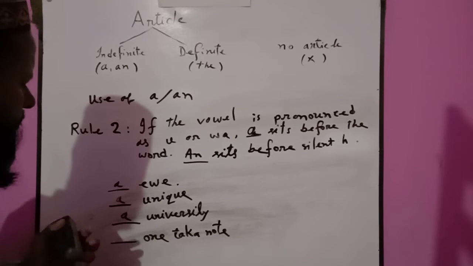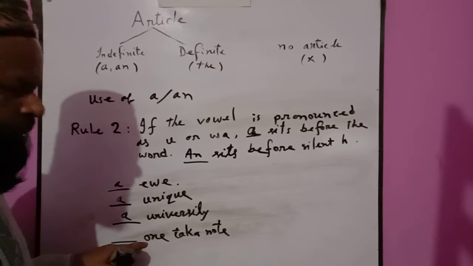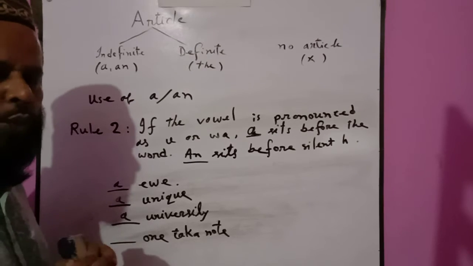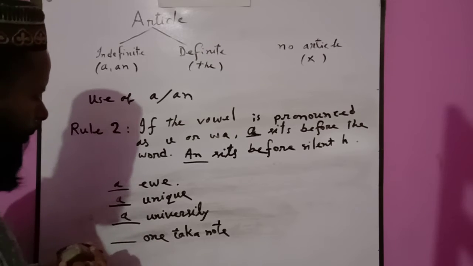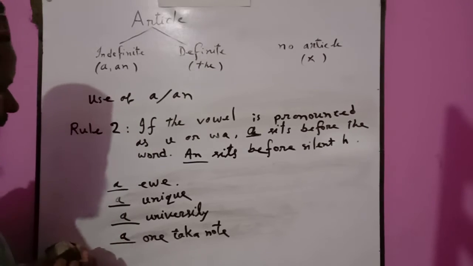Then one, O-N-E, one. O is pronounced as wa. So we shall use a before one.